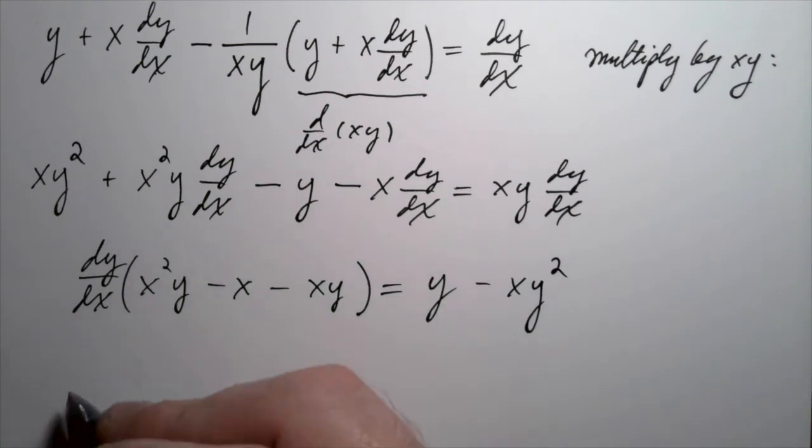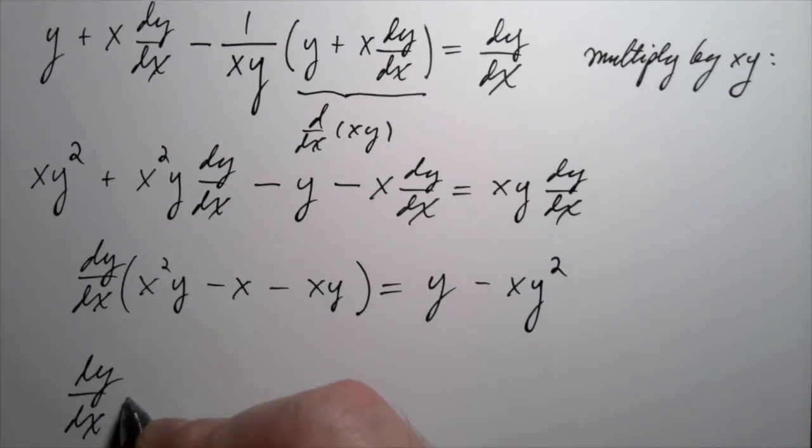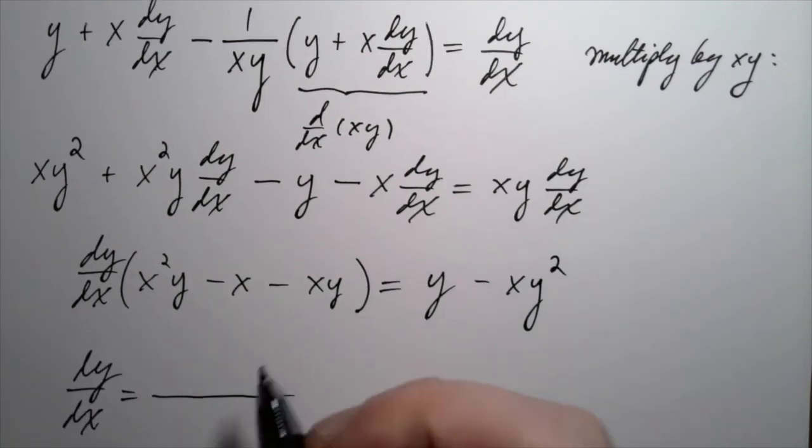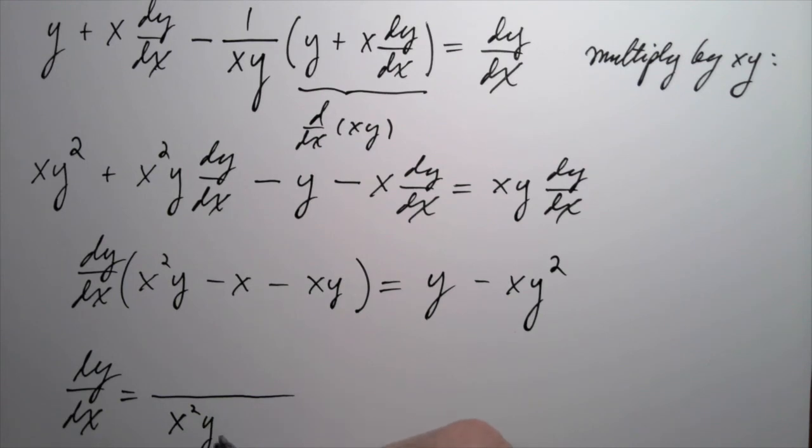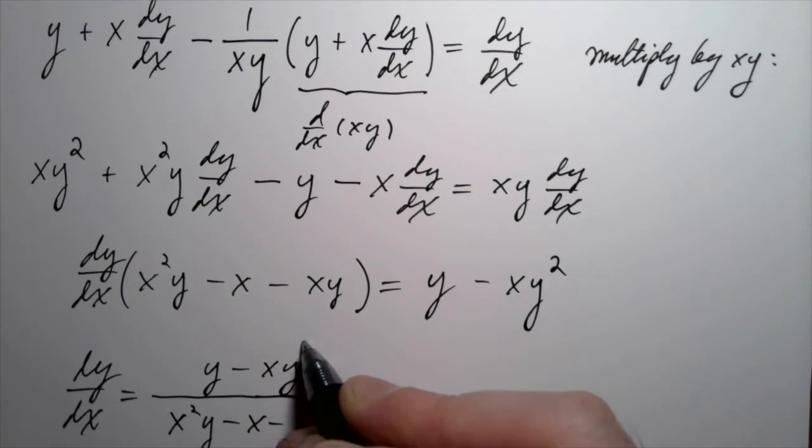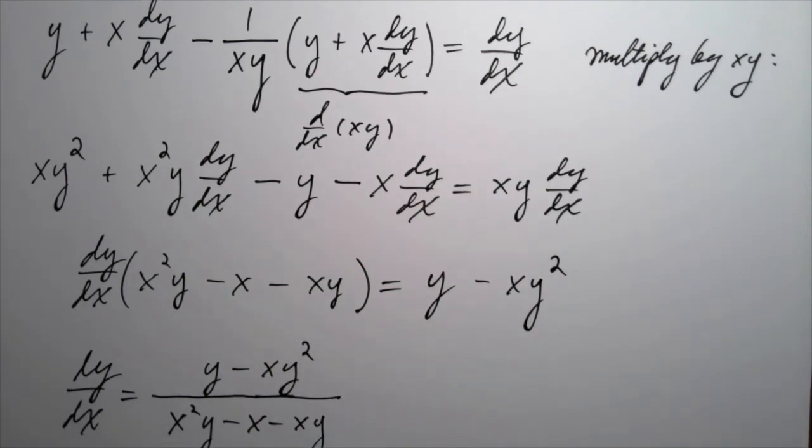Pretty cool. So that means the derivative, by dividing by x squared y minus x minus xy, is this expression right here. That's always going to tell you the derivative, the slope of the graph of this equation. That'll tell you the instantaneous rate of change of y with respect to x.